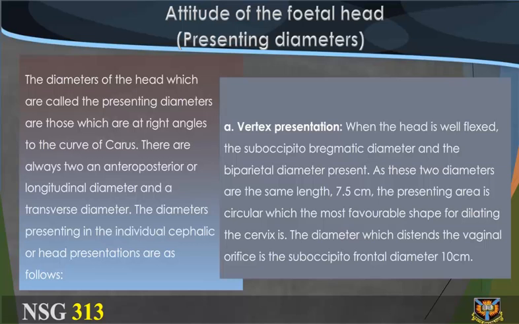As these two diameters are the same length, 7.5 cm, the presenting area is circular, with the most favorable shape for dilating the cervix. The diameter which distends the vaginal orifice is the suboccipital frontal diameter, 10 cm.